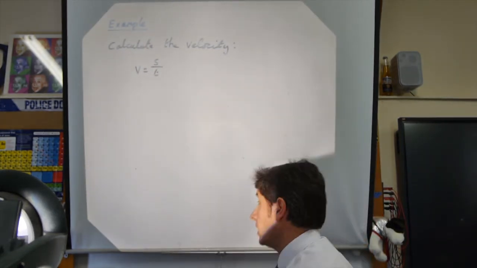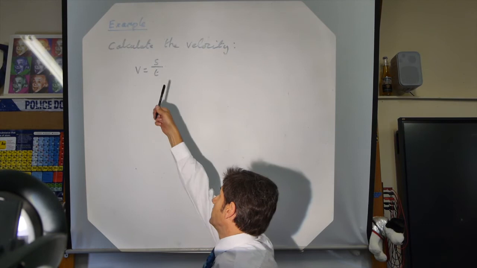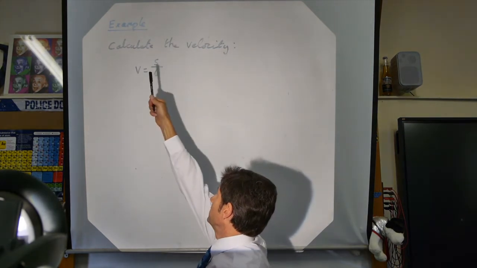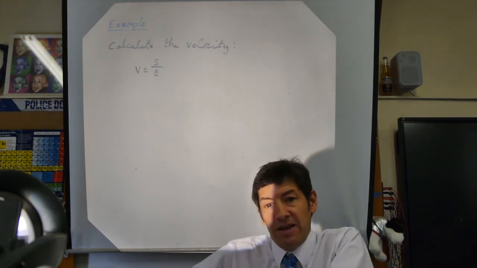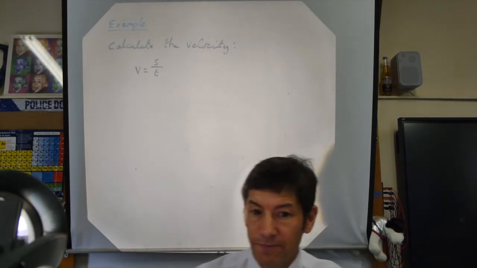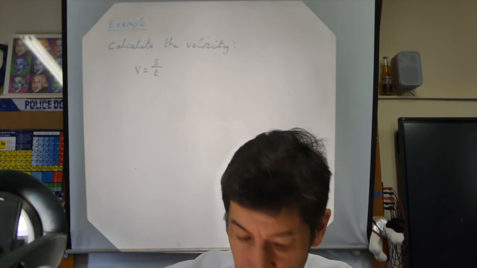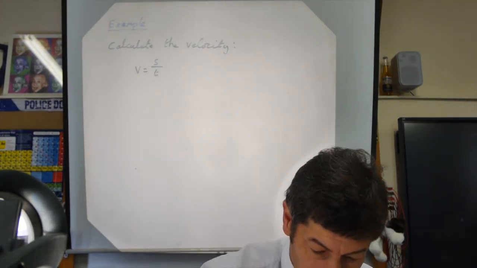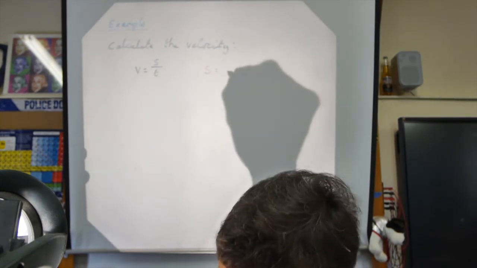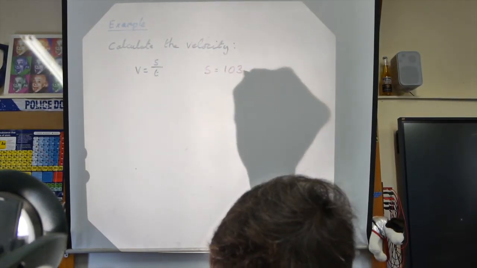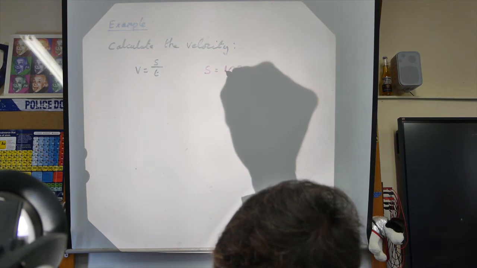I didn't want to say distance because it's a velocity, so it's a displacement, and we use the letter S for displacement. I always think about it as separation. We need some numbers to work with. Let's say our displacement was equal to 103 meters.